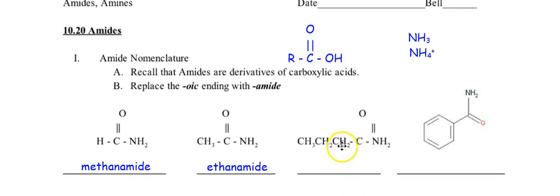So we have 1, 2, 3, 4. Instead of being butanoic acid, we have what? Butanamide. And the last one, you might remember this as being benzoic acid, so this becomes benzamide.